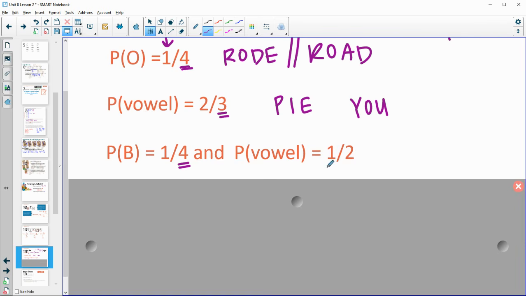So we're going to need actually 2 out of 4 letters to be vowels, and one of the other letters to be a B. So maybe book. So that has 2 vowels, which is 2 out of 4 chance, which simplifies to 1/2. And a B is 1 out of 4 letters. So that matches those probabilities.